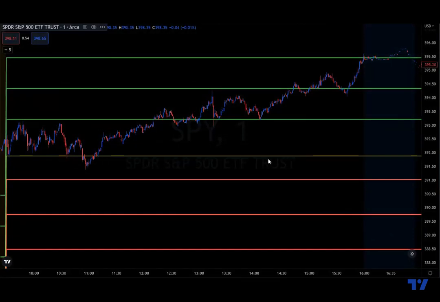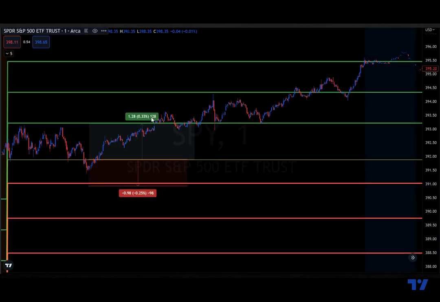So if we look back at this example, we're entering here, right? And we're going to scale out half here at this next resistance level. Why are we doing that? Well, if you look, when you enter here, I'm scaling out at around $1.28 profits per share, okay?